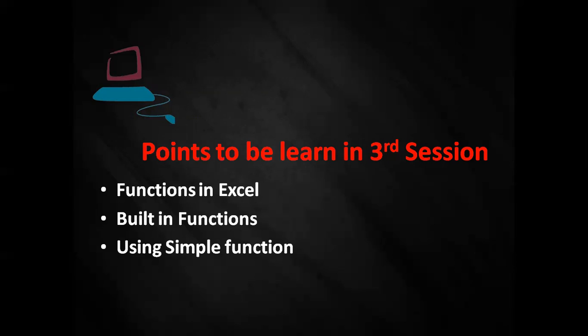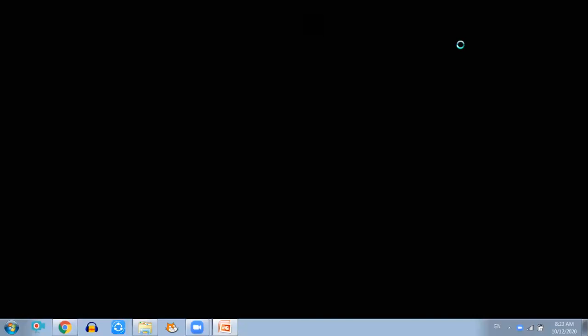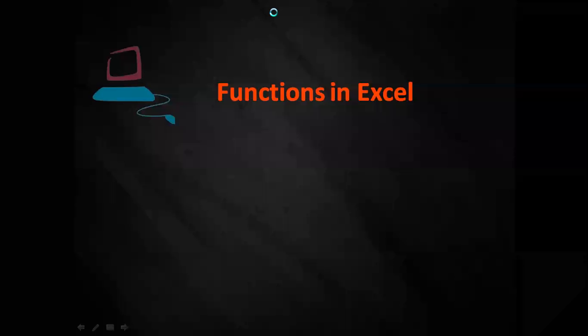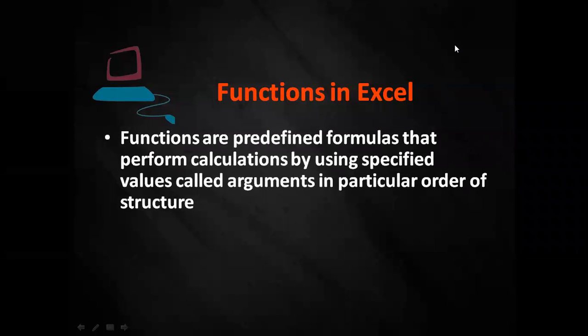What is function and what are the built-in functions available in Microsoft Excel? So first point is function in Excel. Functions are predefined formulas that perform calculation by using specified values called arguments in a particular order of structure.